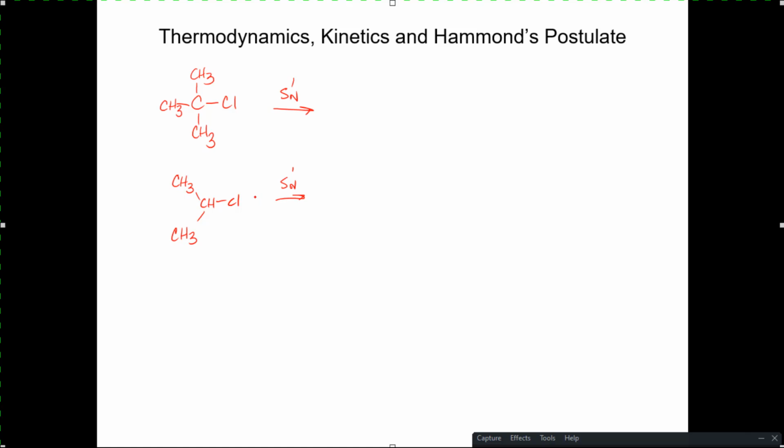So really what we're talking about is, which of these two reactions will go faster? The formation of the tertiary carbocation or the formation of the secondary carbocation?